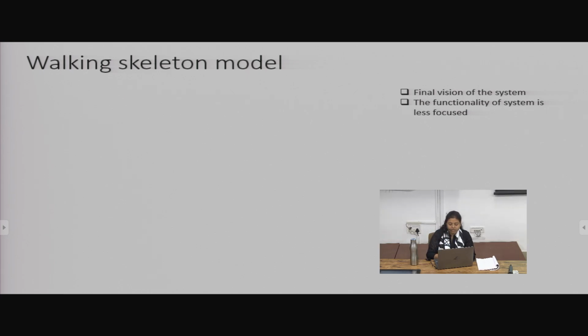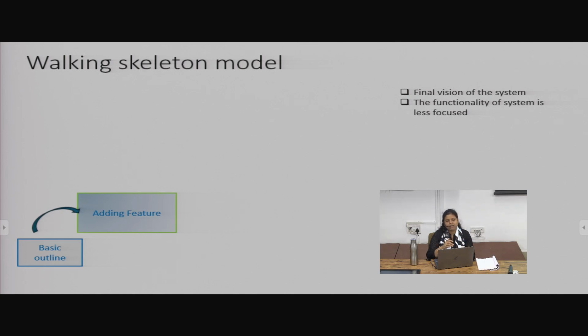So in this, what will happen, at the very first stage we create the basic outline of a system, then we keep on adding the features. Initially we added the engine, then some chassis, then some wheels, then some seats, then the external structure of the car, the design and other things.